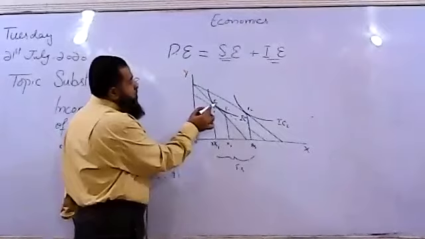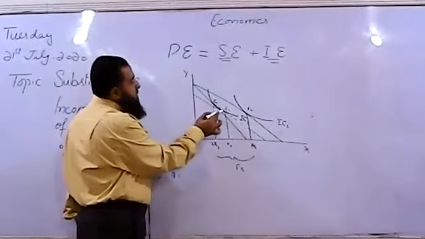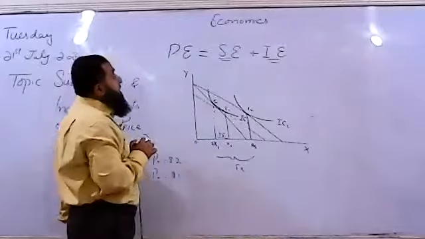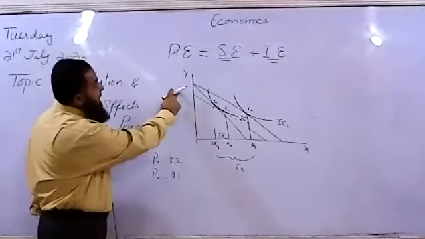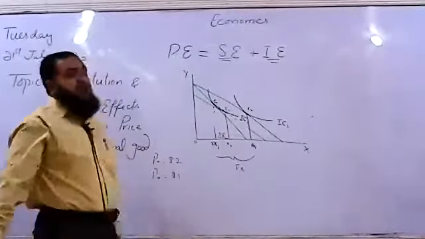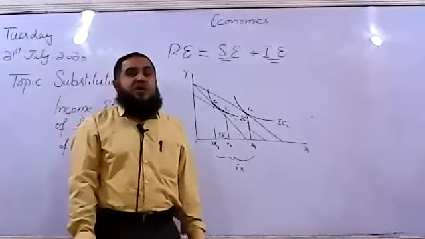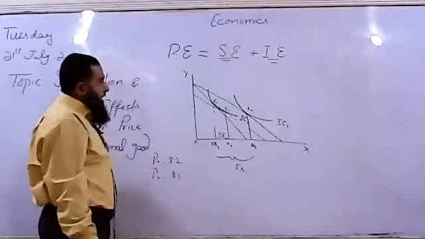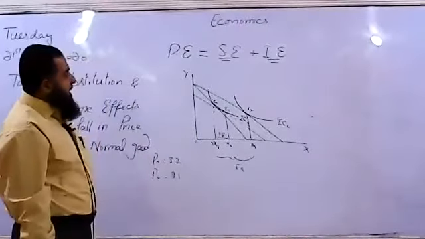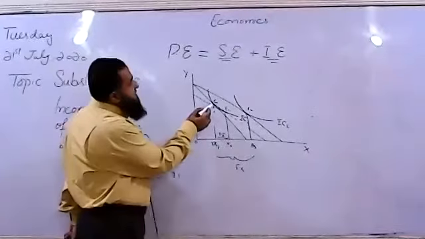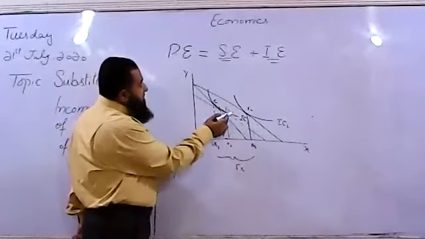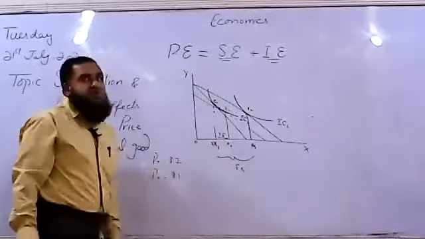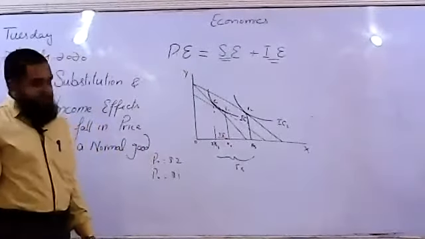I say this movement from E1 to E2, that is called the substitution effect, that is how many units of Y he will decrease to buy more of X as it has a relatively lower price than commodity Y. Relatively it is cheaper now. So consumer will be substituting Y with X due to fall in price of X. So this is called the substitution effect of the fall in price.